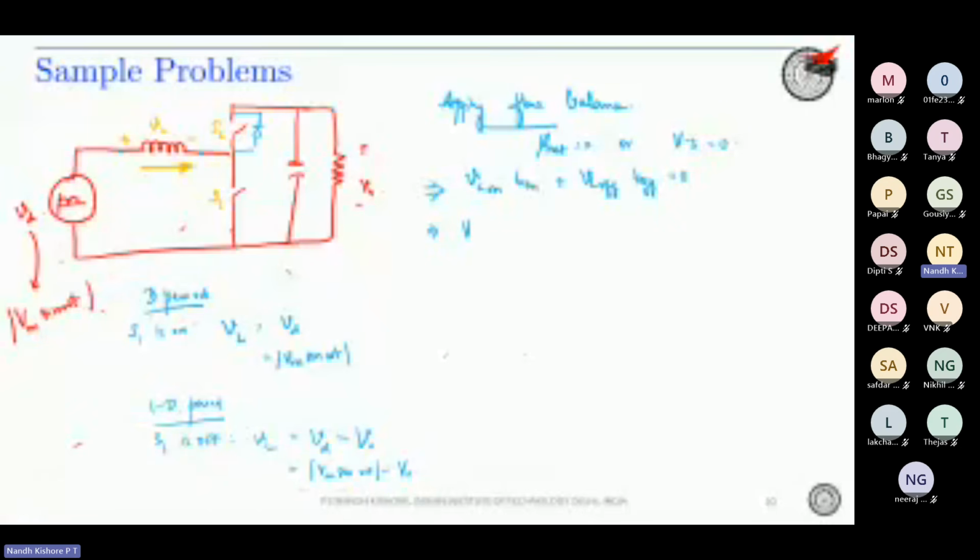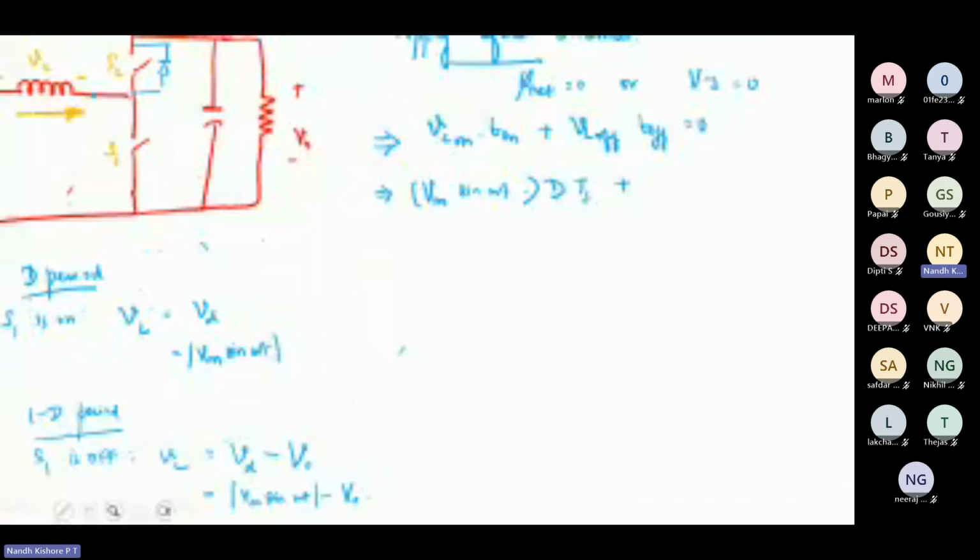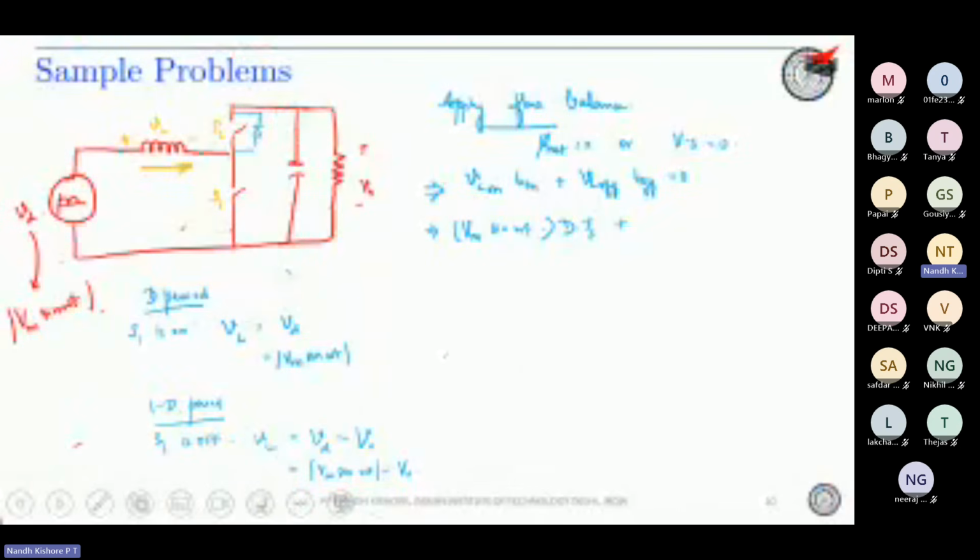Your VL on is Vm sin omega t, and T on is basically dTs. VL off is Vd minus V naught, or Vm sin omega t minus V naught, into (1 minus d) Ts, and that is 0.